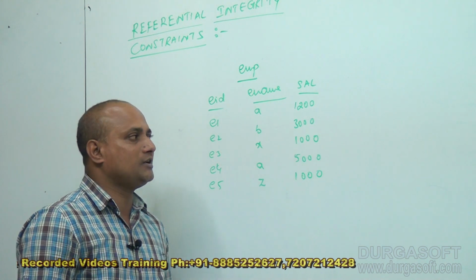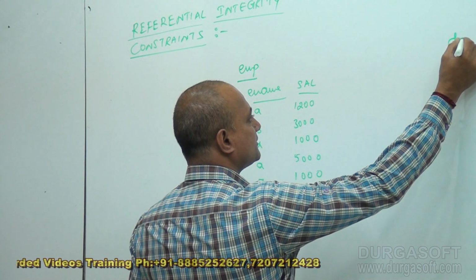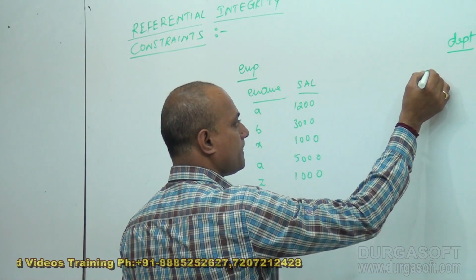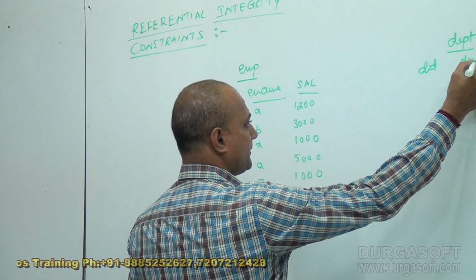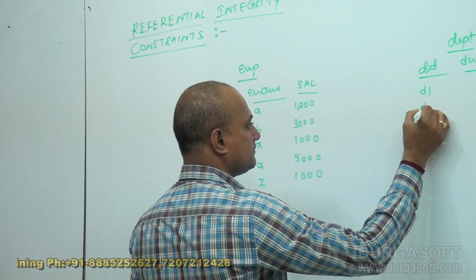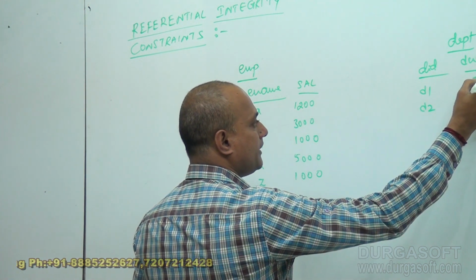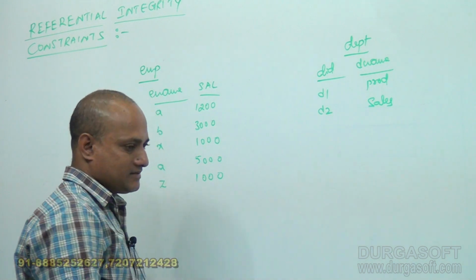This is the employee information in the EMP table. Let us consider the department table, with department ID and department name: D1 with production, and D2 with sales.